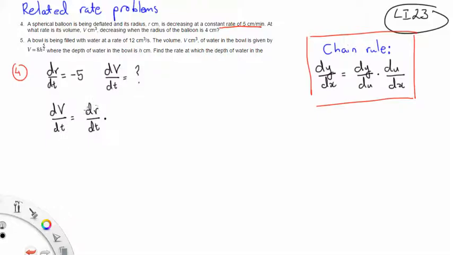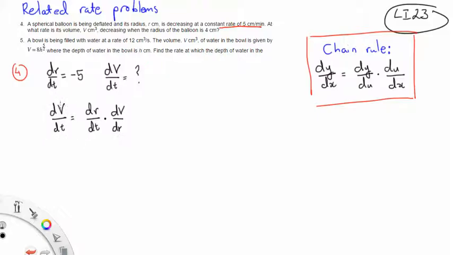Well, we don't want this dr business up here, so we'll need to have a dr down here to cancel it. So that would get rid of the dr, leaving a dt on the bottom, but we want a dV on the top. So let's put that here.